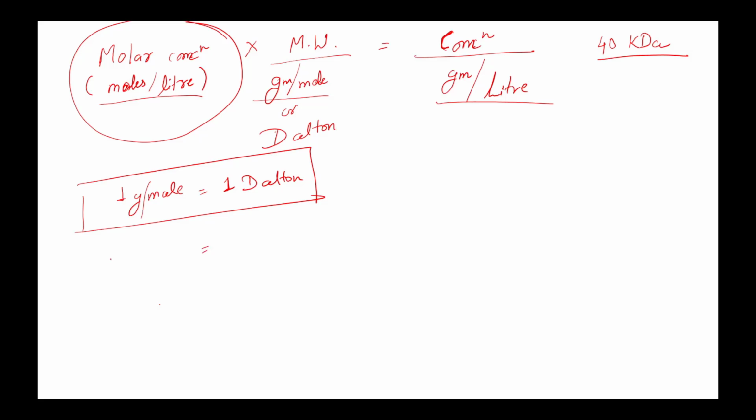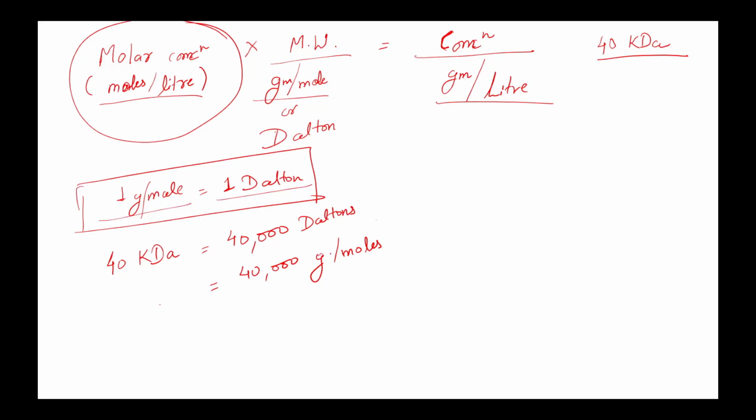Here our molecular weight is 40 kilodalton, so we convert it to 40,000 daltons, which means 40,000 grams per mole.